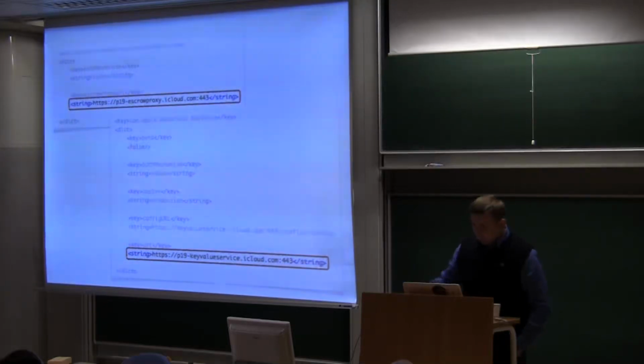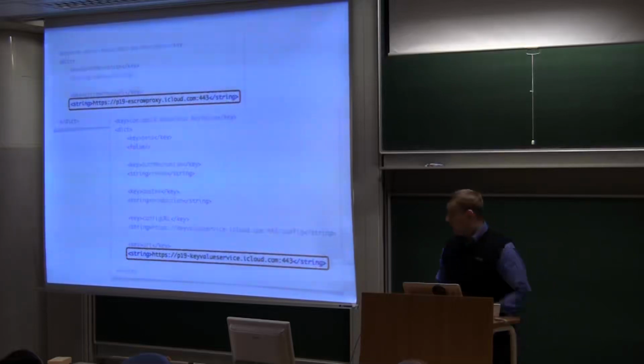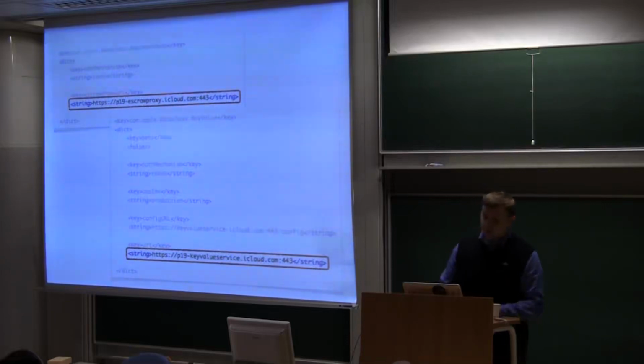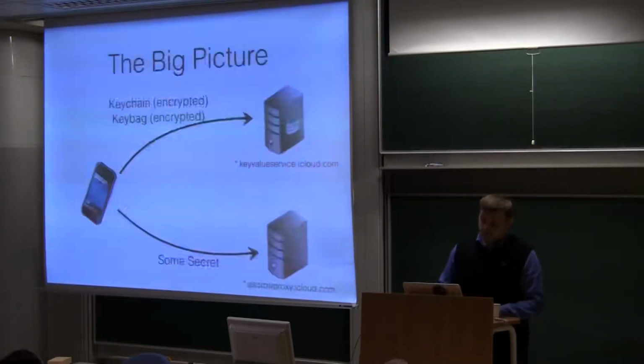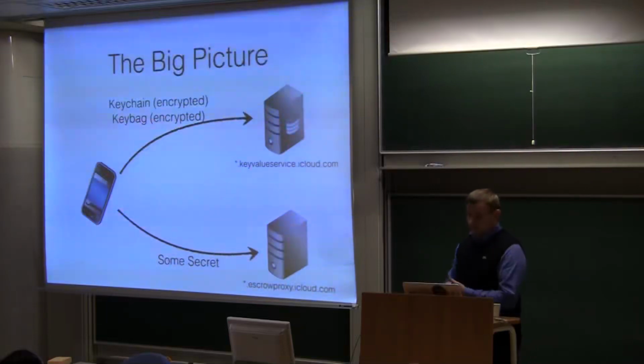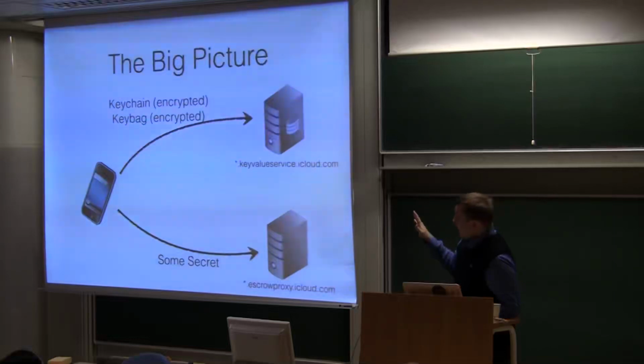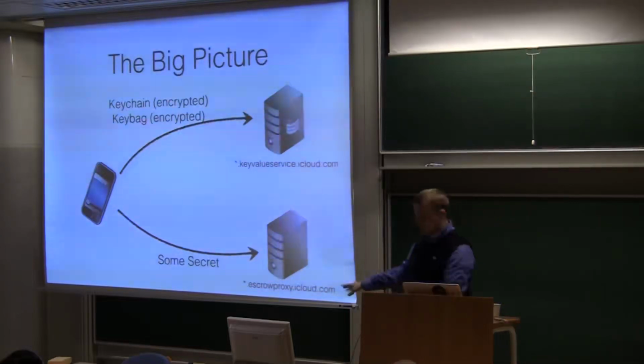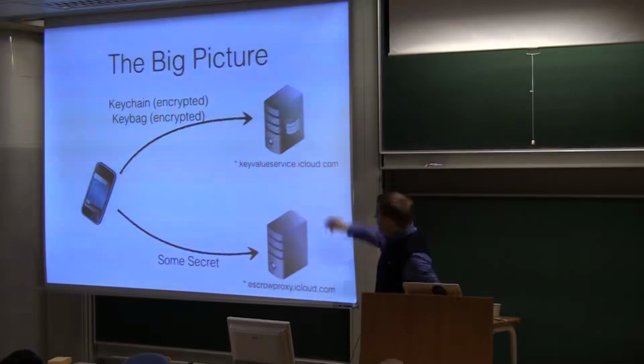Now that we have this knowledge, we want to figure out what exactly gets sent to those services. So we take the device, set up iCloud Keychain, and just sniff the traffic to figure out what's happening. It is very easy to see that keychain and keybag are sent to the key value service, and something very secret is sent to the escrow proxy, which is the keychain sync service.